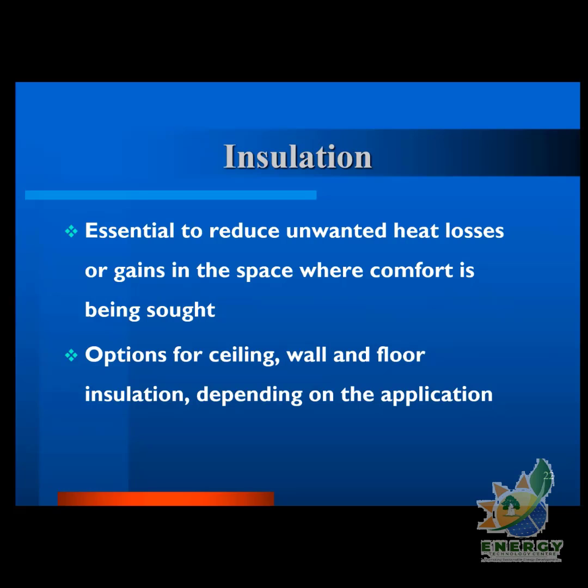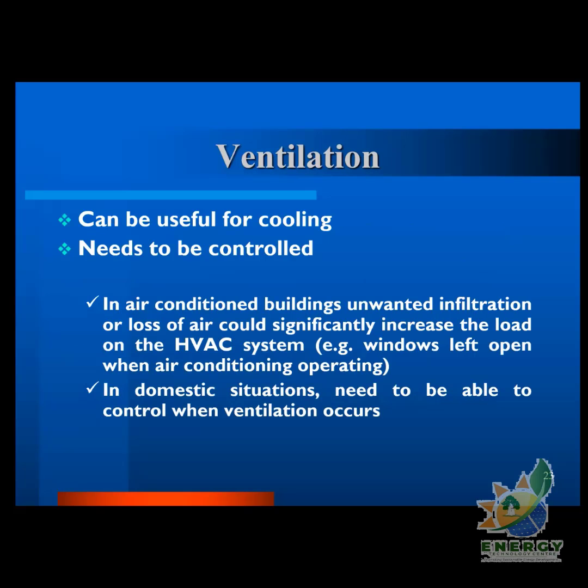Now, insulation is also another area, essentially to reduce unwanted heat losses or gains in the space where comfort is being sought. There are options for ceiling, walls, and floor insulation depending on the application. Ventilation can also be used for cooling and needs to be controlled as much as possible.